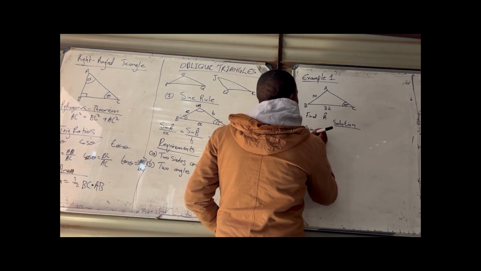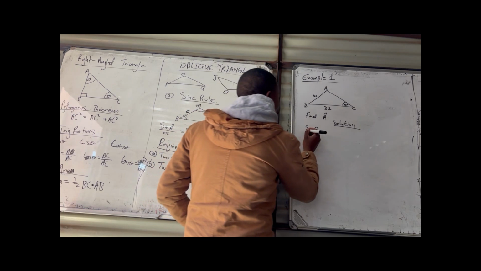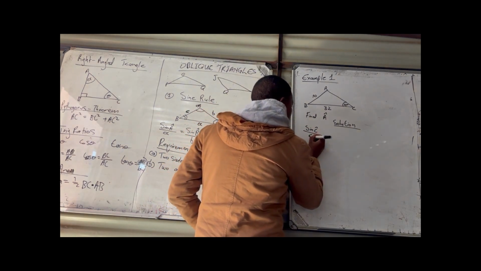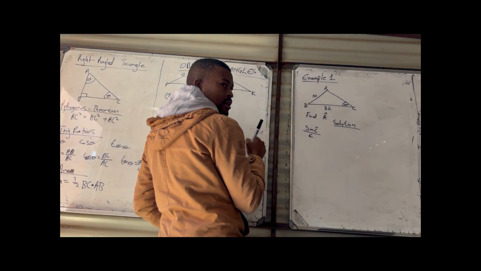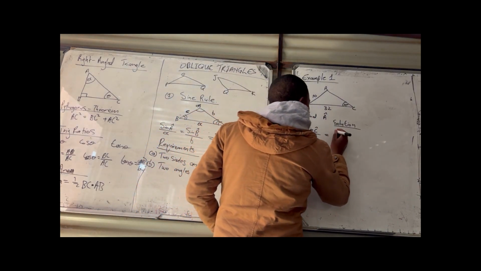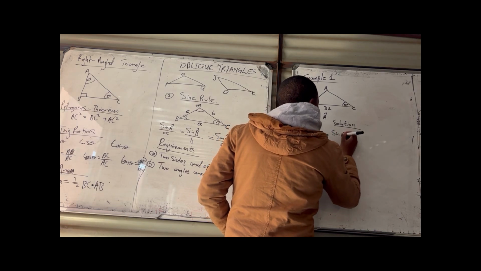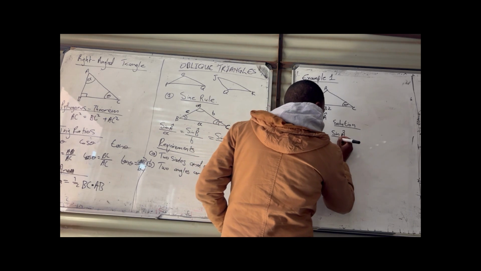So we write sine of angle C over small letter c, and then sine of angle A over small letter a.